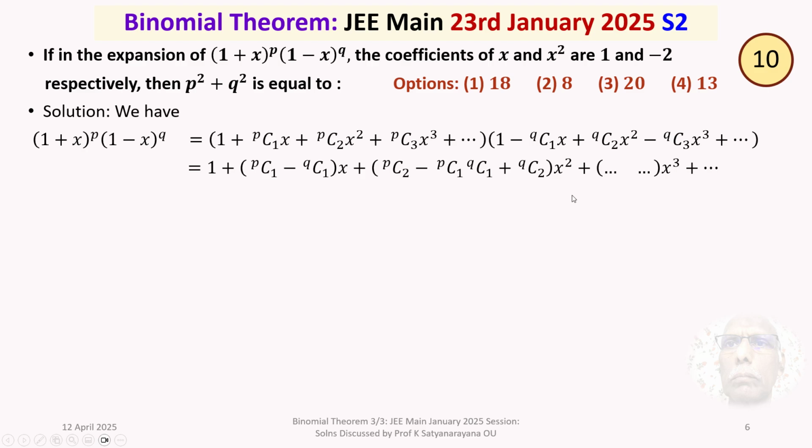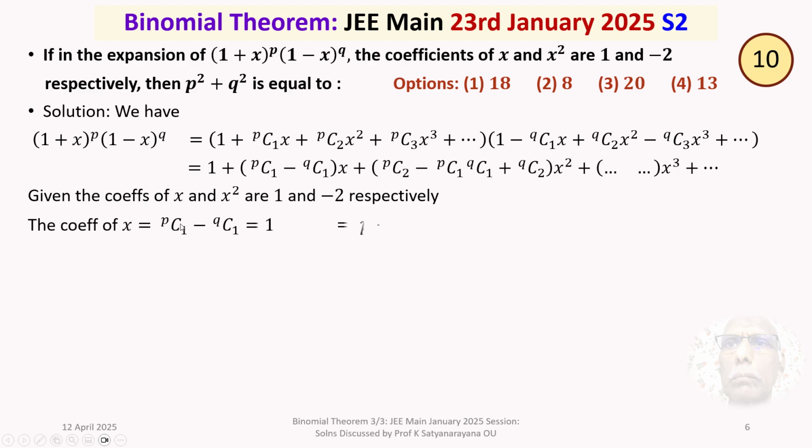So now in the product, what is the coefficient of x? pC1 - qC1, and that is given to be 1, right? And the coefficient of x² is pC2 - pC1 qC1 + qC2, that is given to be -2. So given the coefficients of x and x² are 1 and -2 respectively, this implies pC1 - qC1 = 1, that is p - q = 1.